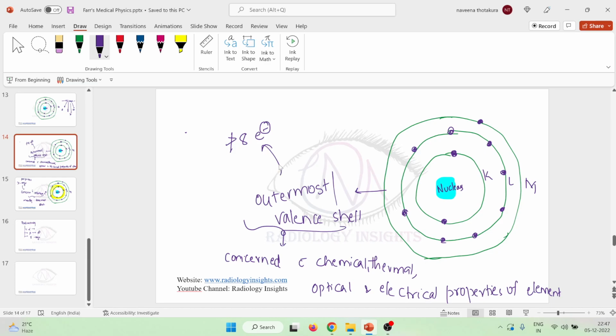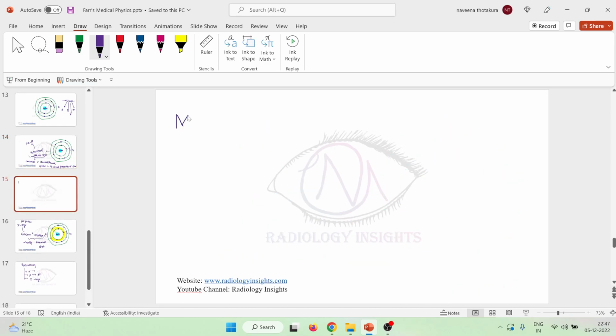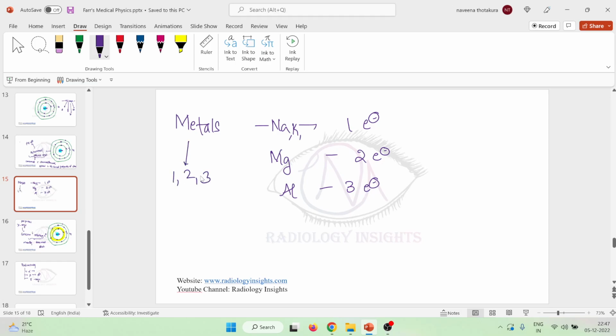Among metals, sodium will have one electron, potassium also one, magnesium will have two electrons, and aluminium will have three. So metals generally have 1, 2, or 3 valence electrons.